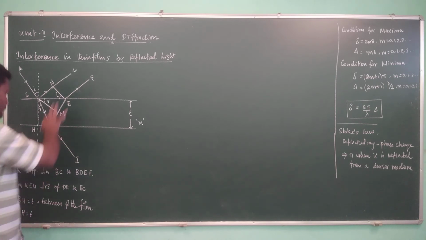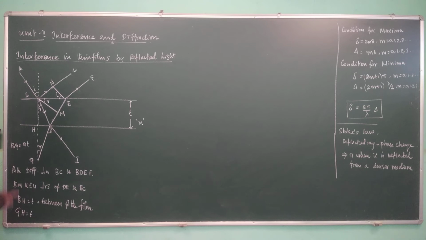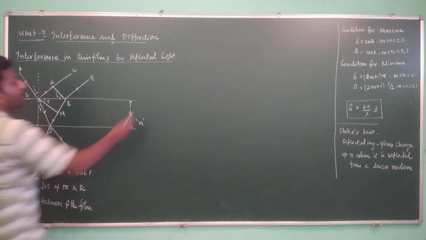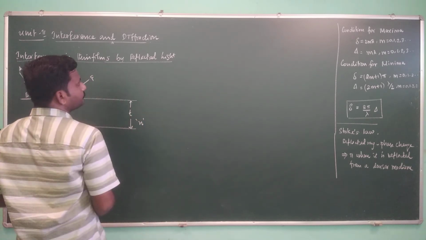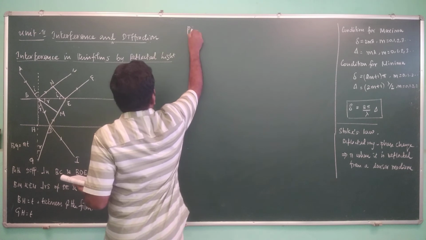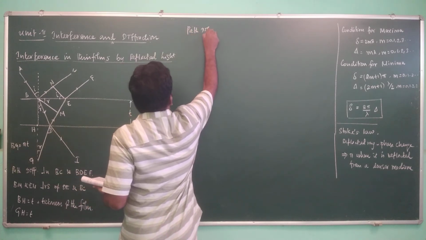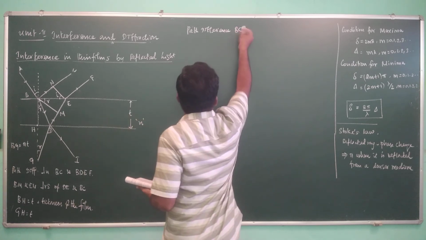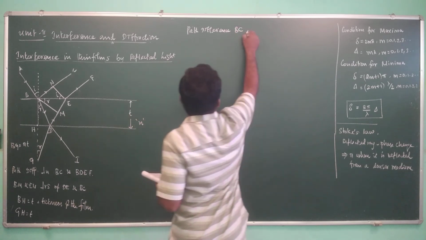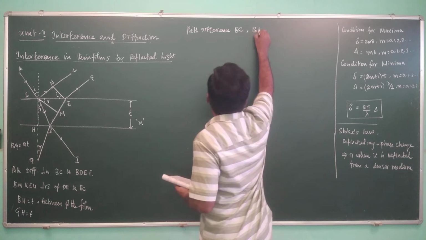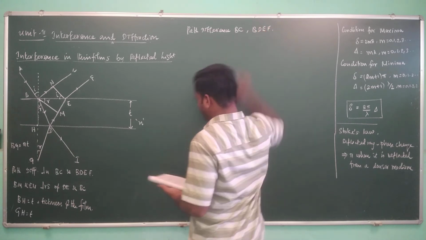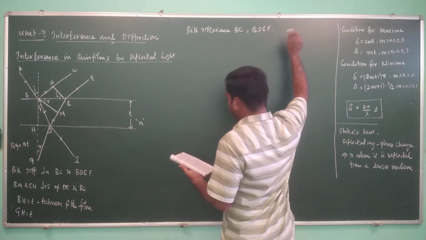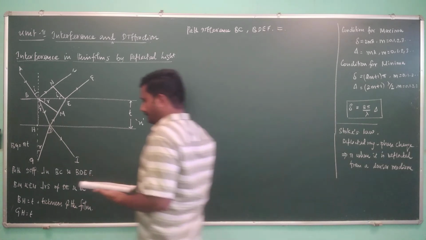Now with these basic assumptions, let's write the path difference between the two reflecting rays BC and BDEF.